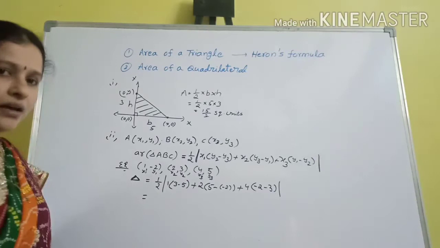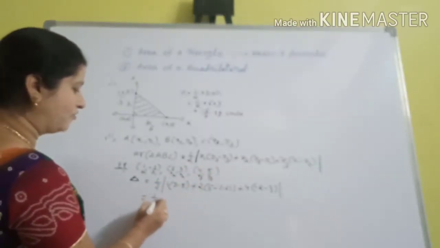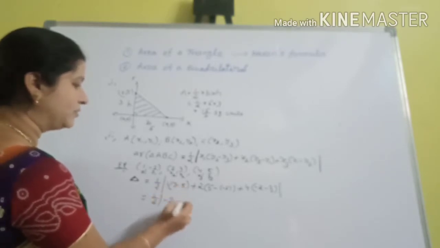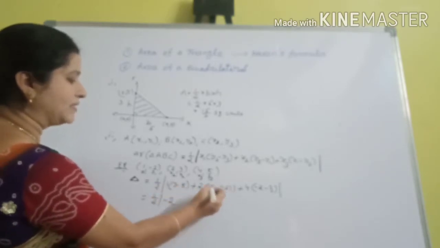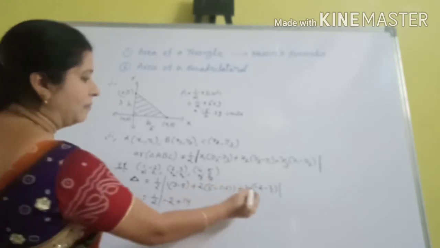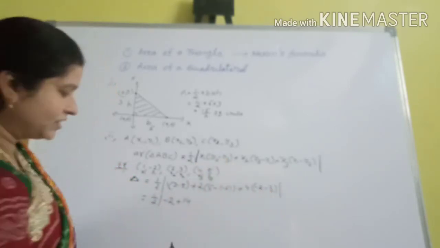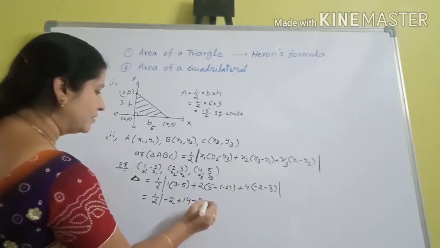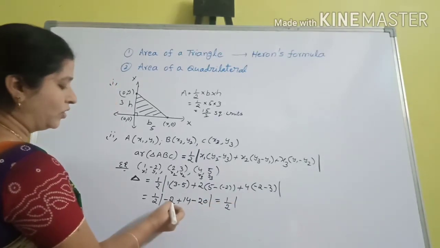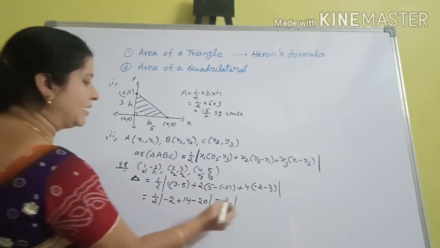Finally after simplification you got the answer. So half modulus of 3 minus 5 minus 2 into 1 minus 2, minus into minus plus, 5 plus 2 is 7, 7 2s are 14, minus 2 minus 3 minus 5, 4 into minus 5 minus 20. So simplify it. 14 minus 22.